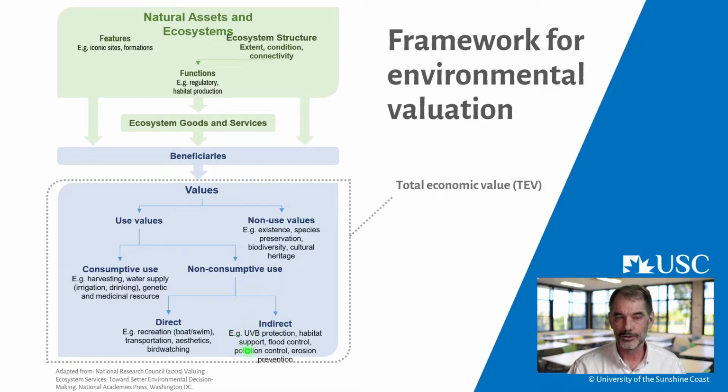So we get these indirect use values. And then finally, we have these non-use values, which are values that we place on the existence of the environment as a whole, and our stewardship of it for future generations and so on. So these, bequest and existence, stewardship types of values would be non-use values.